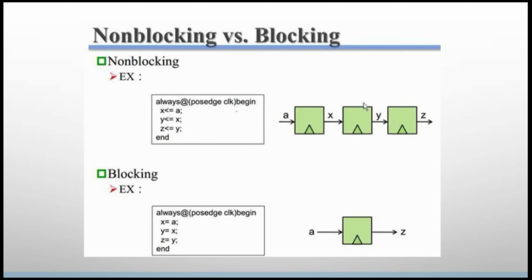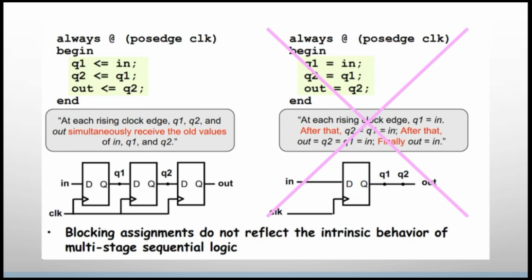If you are using non-blocking statements, three flip-flops are created, but when you are using blocking statements, only one is created. The intermediate connections, x and y, don't contain any value in the case of blocking statements. Here with non-blocking statements, three D flip-flops are created.